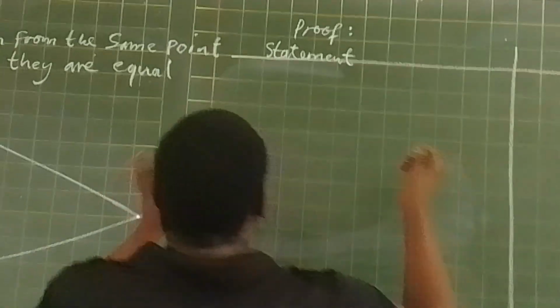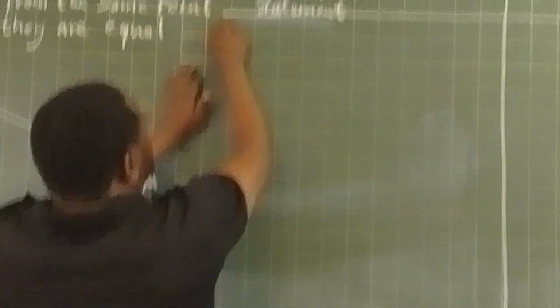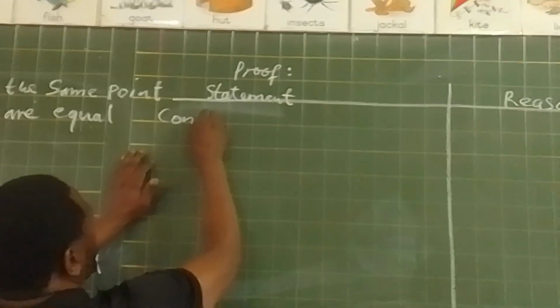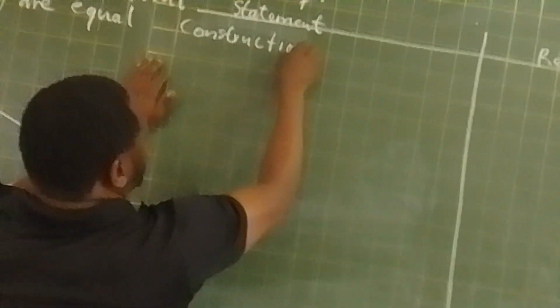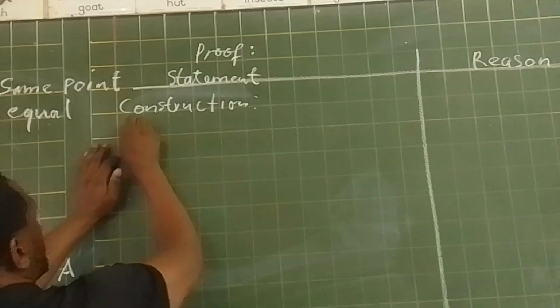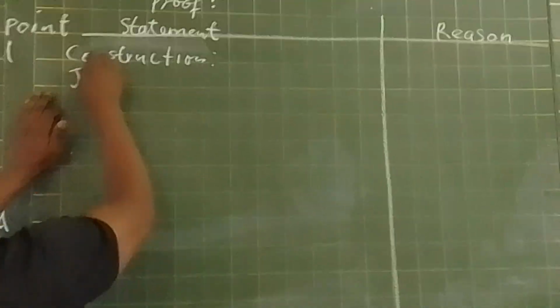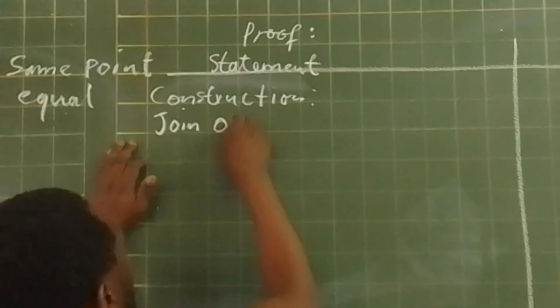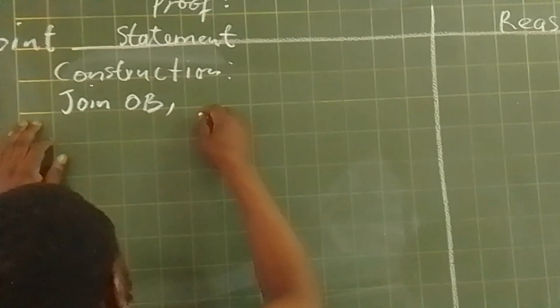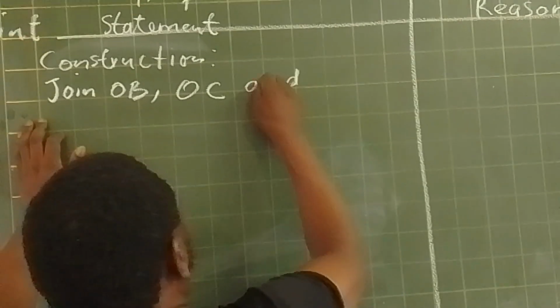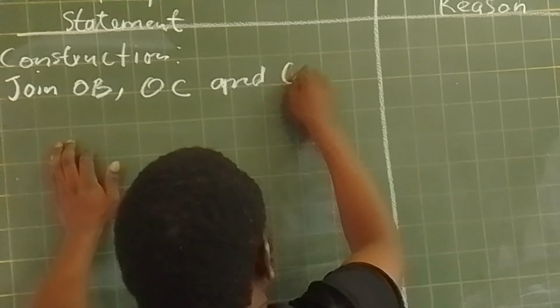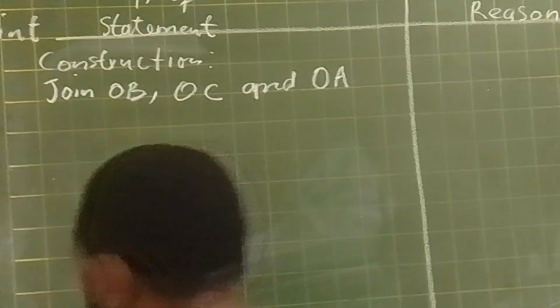Now, before we can do everything, we must tell the marker that we are constructing. Construction: join OB, OC, and OA.